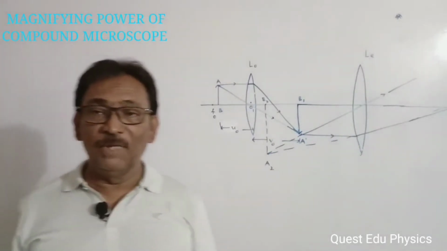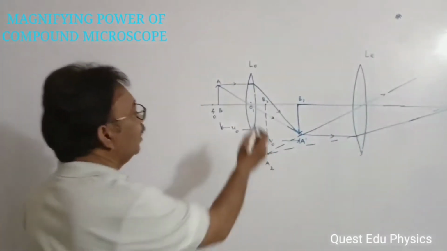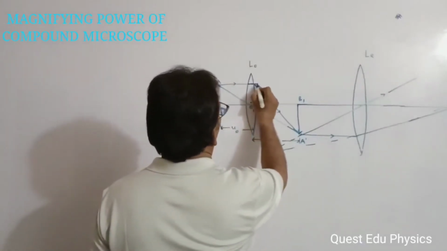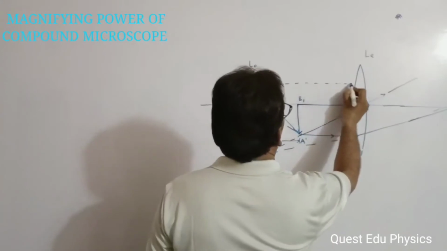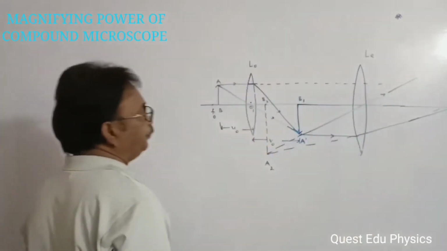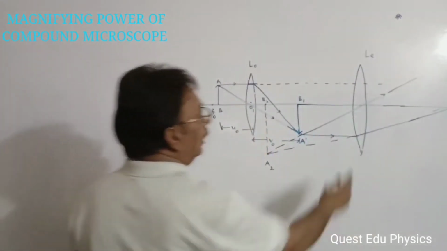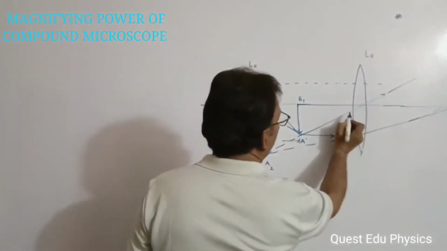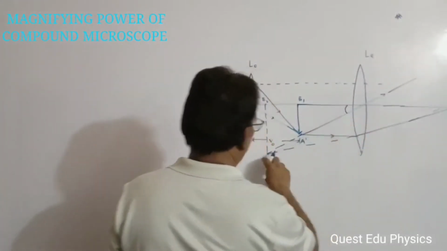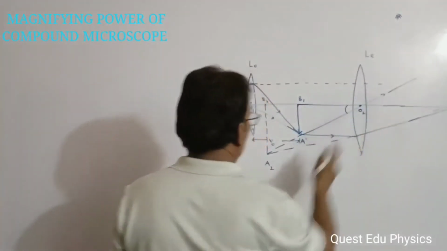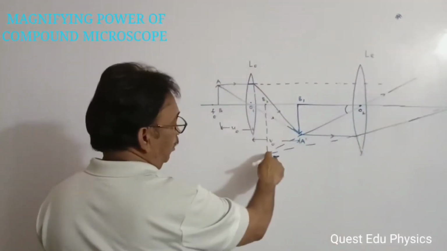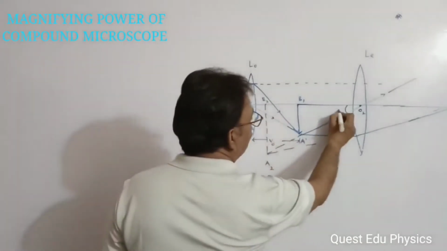Okay, let's do some little geometry, students. I'm taking a ray which is parallel to the head of the object, and it might pass like this. Let's say it is the angle subtended by the image, this one. Say it is O2. The angle with A2B2 is beta.